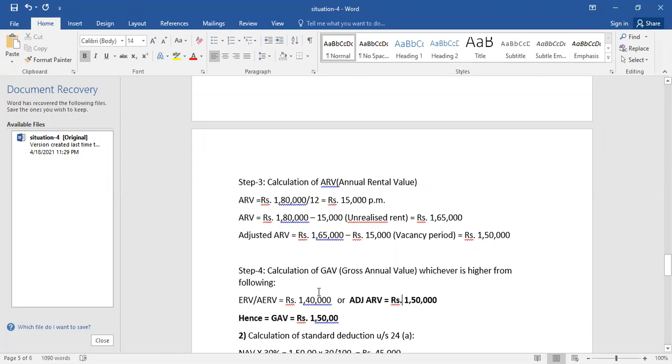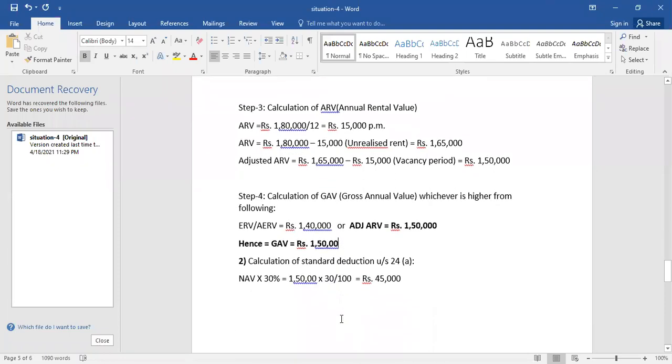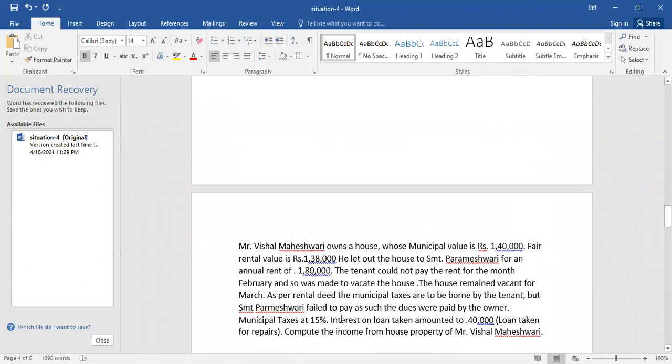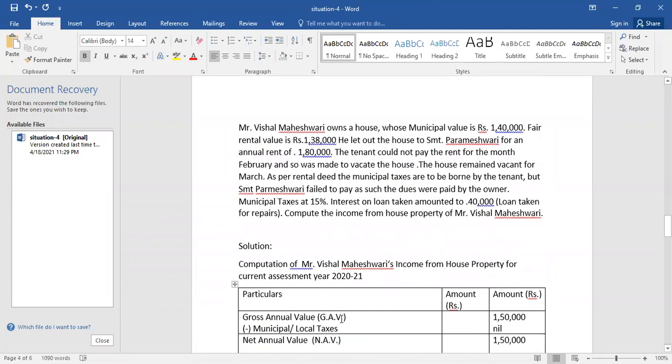But when ARV is more than ERV, then ARV is going to be GAV. Keep this point in your mind when you are calculating sums where there is unrealized rent and when there is a vacancy of the house. So this is very, very important, which you have to remember when you are calculating income from house property.